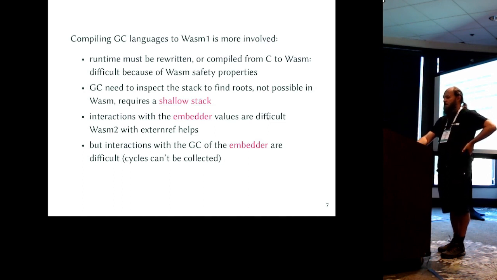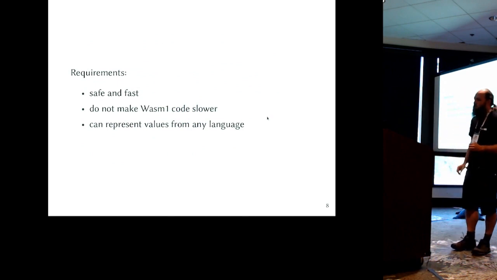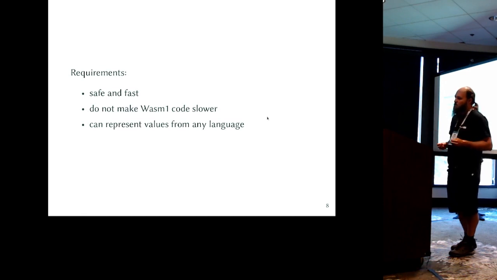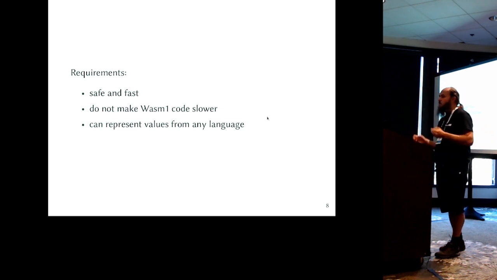So you want to do something else. In fact, in Wasm 2, there are externrefs that help a bit with something like that, but yeah, that's not completely the solution. So we want something that is, like WebAssembly, quite fast, that does not slow basic Wasm code, and can represent any garbage collected language.